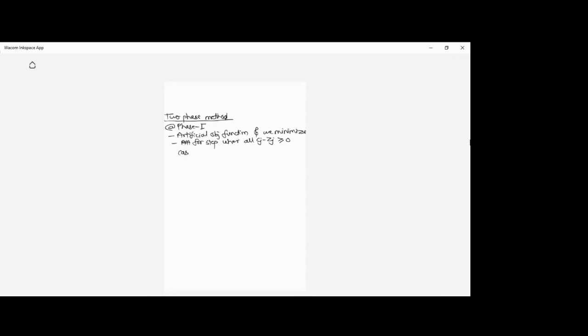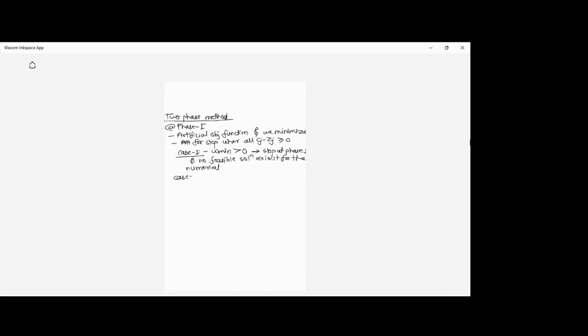So what is case 1? Case 1 will be your W minimum value greater than 0, and if that happens, stop at phase 1 only, and no feasible solution exists for the given problem, right?